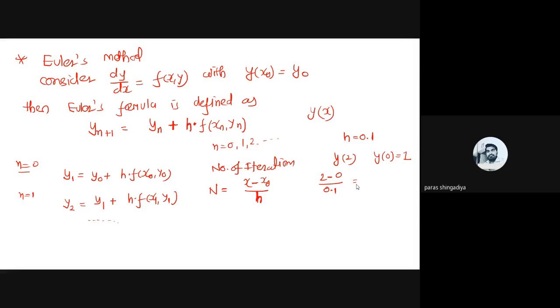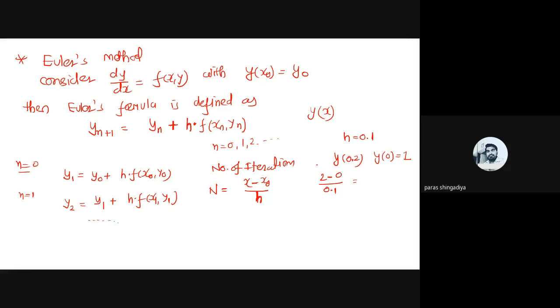Let us take a small value, because it creates 20 as output. So let us take y of 0.2, because if we take 2 then we get the answer 20.